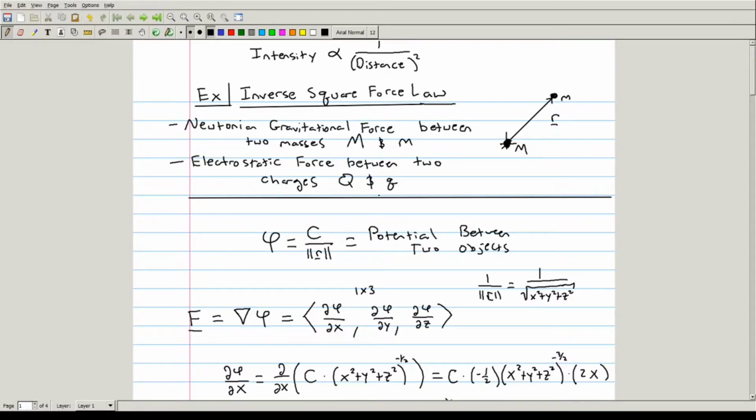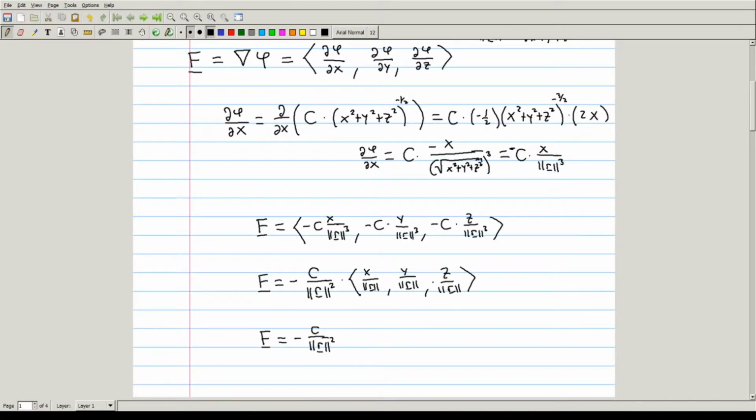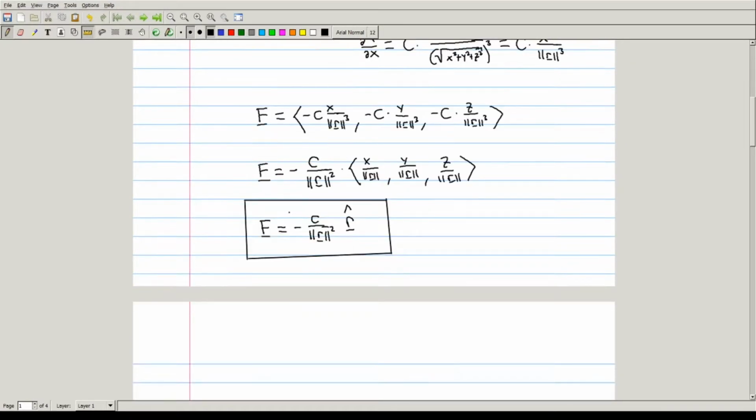But in the charge example, if you repeat this picture but with charge capital Q and lowercase q, this vector is a vector r hat that points in the direction from the base object to the other object. This is exactly r hat. And this gives us exactly what we were talking about before, in that it's telling us that the force for either of these two cases is exactly this vector right here.